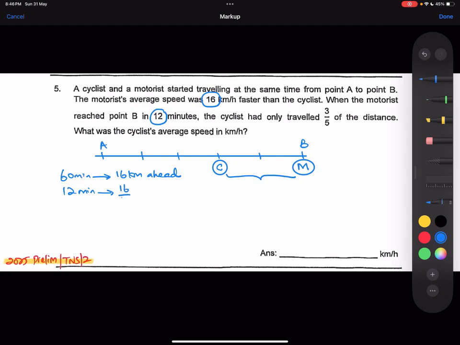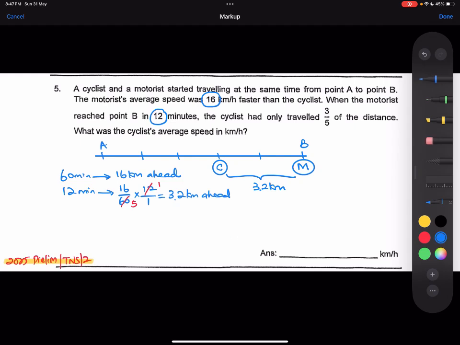So 16 divided by 60 times 12, divided by 12, 5. This will give us 3.2 km ahead. So the motorist is 3.2 km ahead of the cyclist when he reached point B.